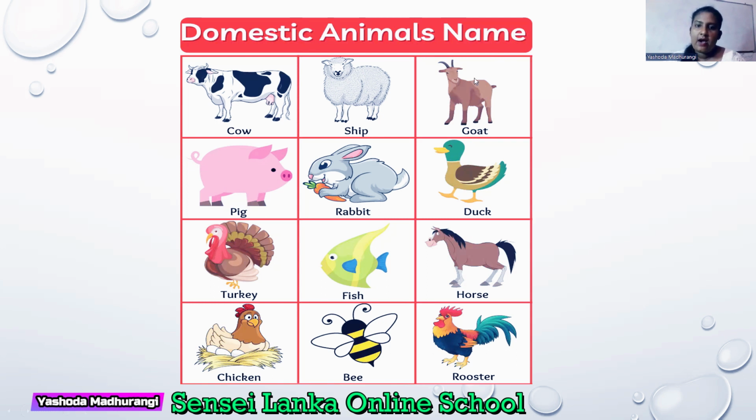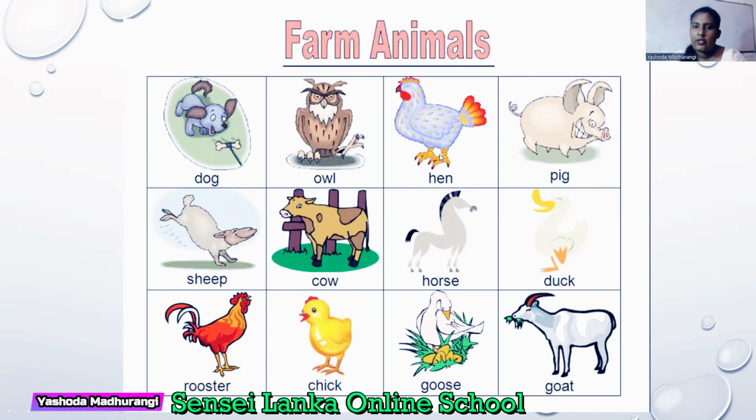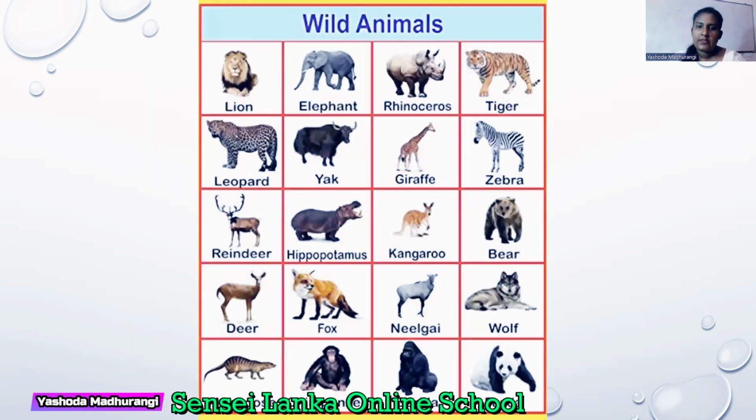So these are some animals we can see. Here you can see some more. Dogs, owl, goose. Remember the names. And then here you can see wild animals. Lion, elephant, rhino, tiger, leopard, giraffe, zebra. So look at these pictures.